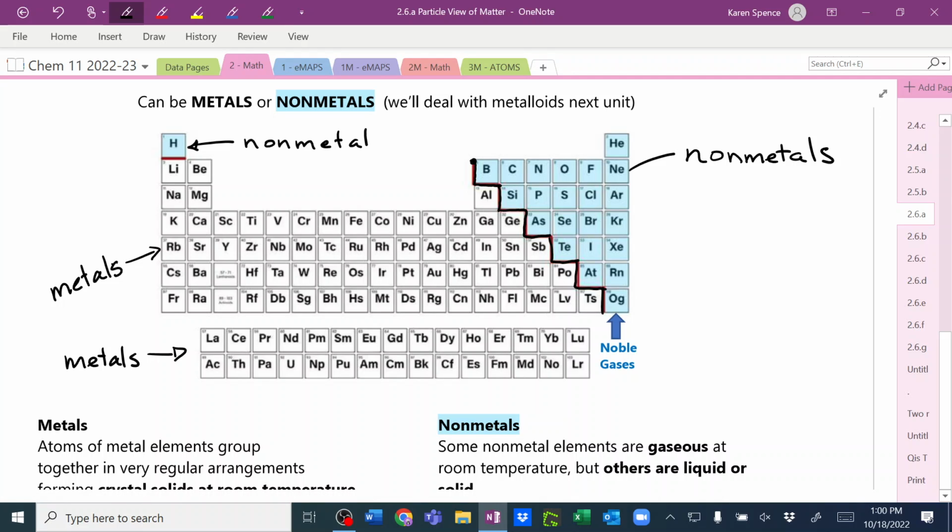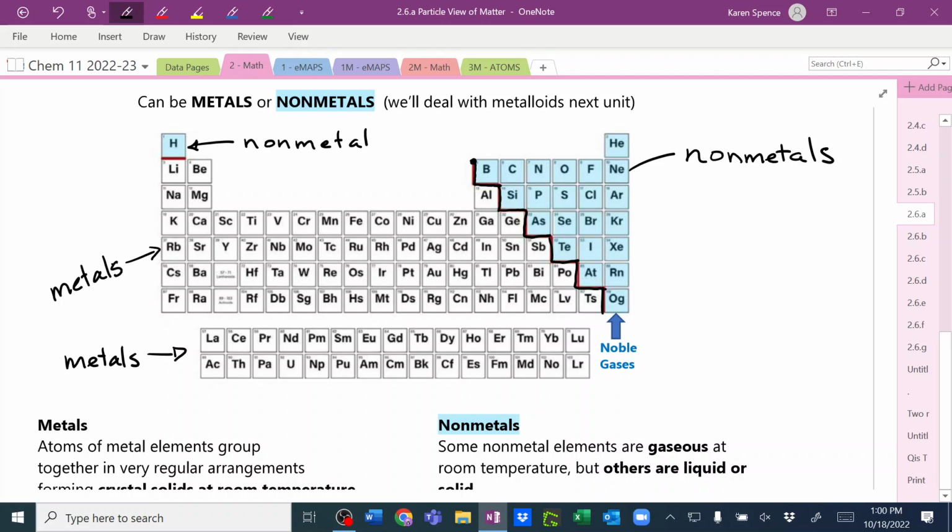The gray ones are the nonmetals and the white ones are the metals. Now, yes, there are metalloids in there, but we're not going to worry about those today. We'll just pretend they don't exist, okay? Everything to the right is a nonmetal. Everything to the left of that staircase is a metal.